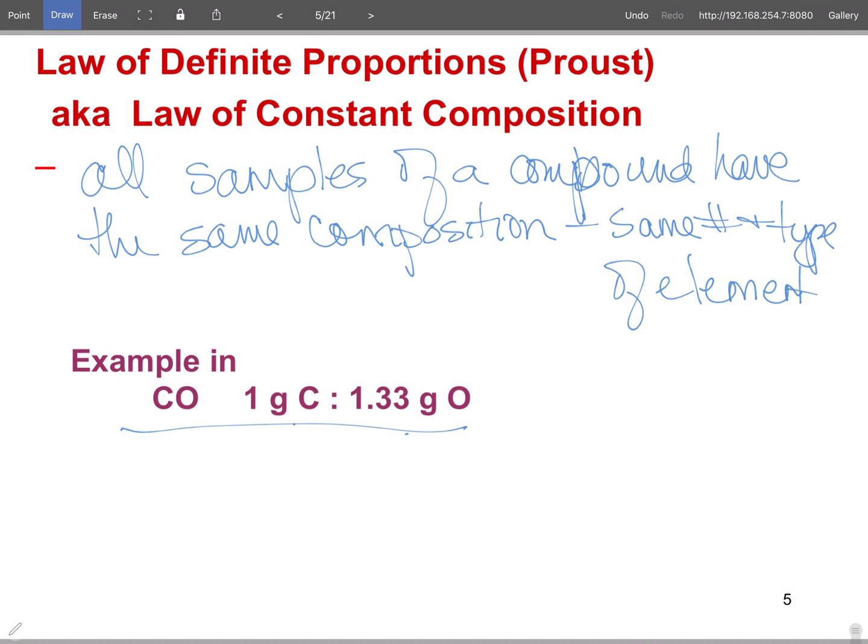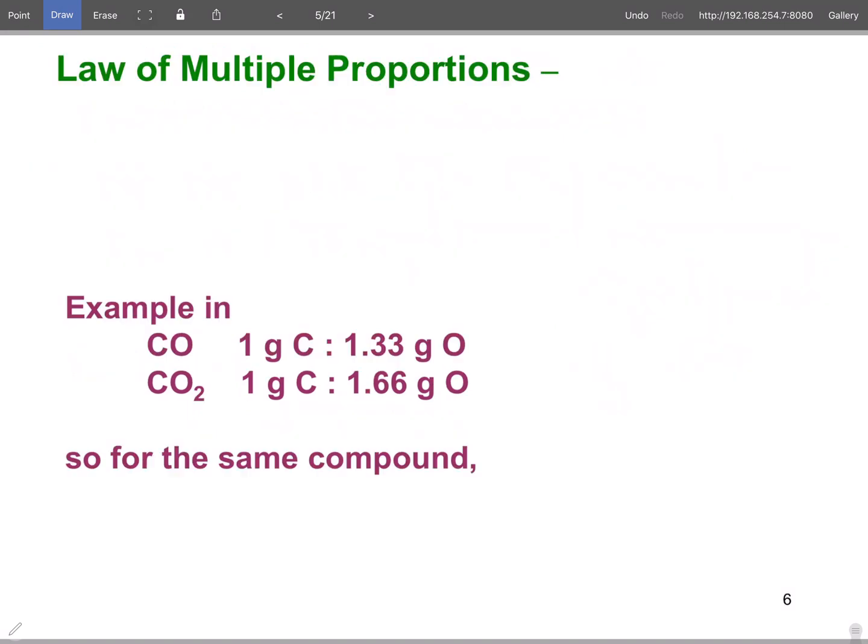However, at the time that these laws were written, they were not able to get to the atomic level. They were only able to do it in grams, so it's done in grams. So basically, they have the same composition, in this case, the gram ratio. As I said, we know the number and type.